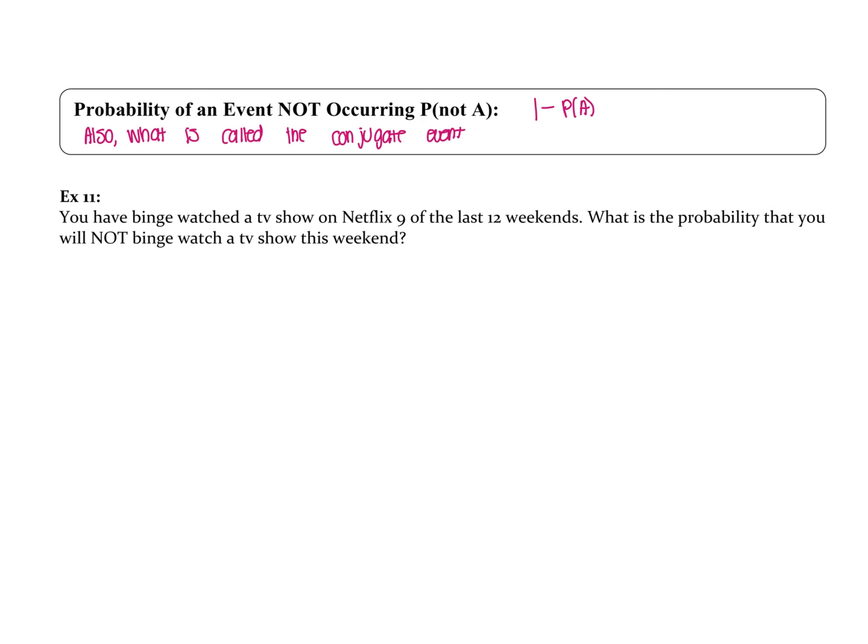So, for example, it says you have binge-watched a TV show on Netflix 9 of the last 12 weekends. What is the probability that you will not binge-watch a TV show this weekend? The first thing we're going to do is calculate the probability that you will binge-watch that show, because that's the information we were given. Since it's happened 9 times out of 12, that would be 9/12, which simplifies to 3/4.